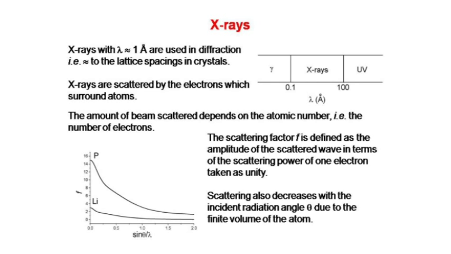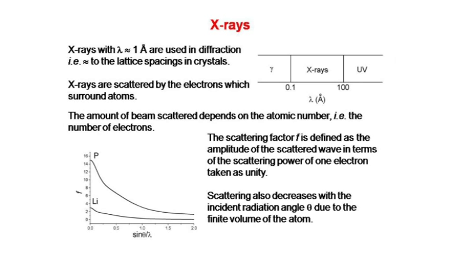Their wavelengths range from about 0.1 to 100 angstroms, but in diffraction we typically use X-rays of about 1 angstrom, because 1 angstrom is about the distance between two atoms in a crystal.